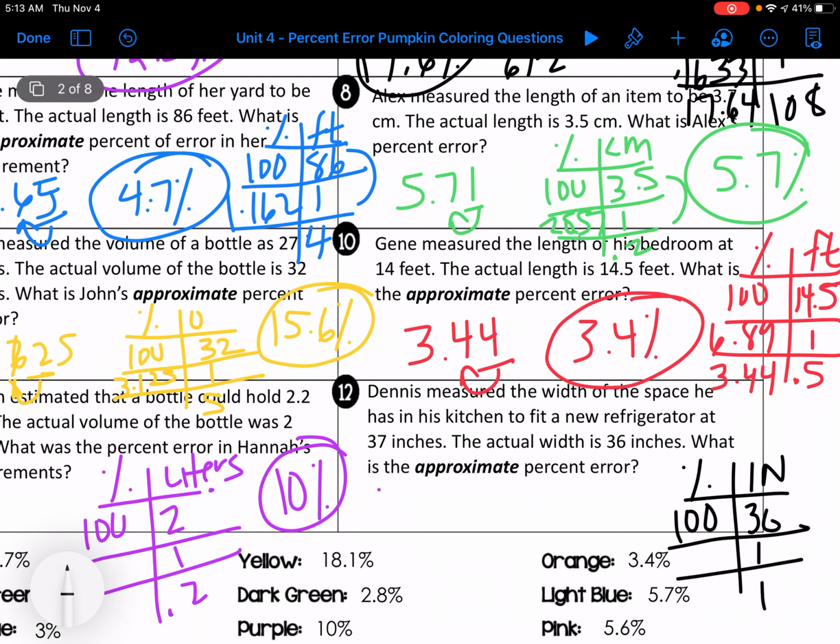So he's off by 1. Okay, so I do 100 divided by 36. And I get 2.7 repeating. Now this one is going to be strange because I'm multiplying by 1 again. And yes, you're going to get the same answer again, 2.7 repeating. Well, the 7 is going to tell the 7 to round up. So you have 2.8%.